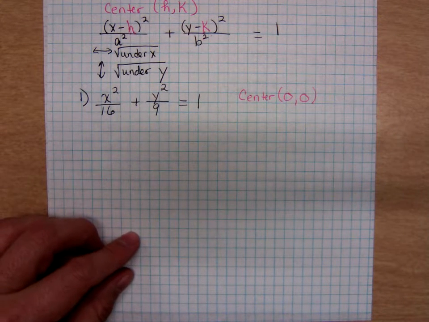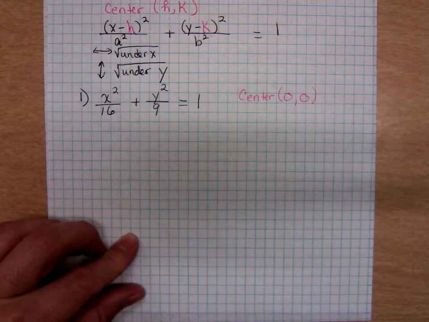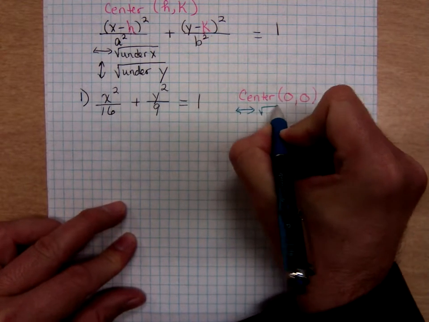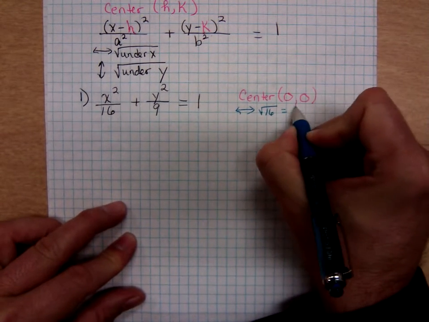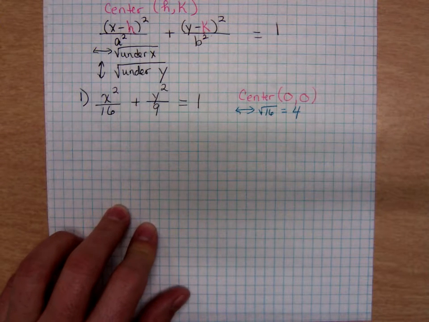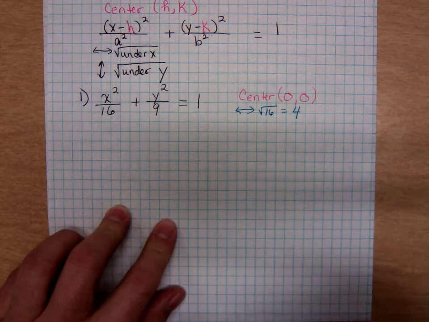So we're going to plot the center, and then you move left and right the square root of the number under x. So left and right 4. Up and down the square root of the number under y.